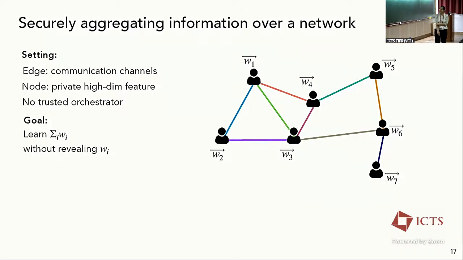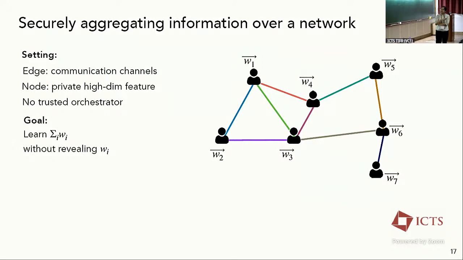So suppose the following is the setting. We are given a graph and all nodes on this graph hold some private values. You can think of these as something simple, like maybe you want to learn everyone's average opinion, or you could also think of this in the context of training neural networks. These could be gradients that nodes compute locally based on the data they have.